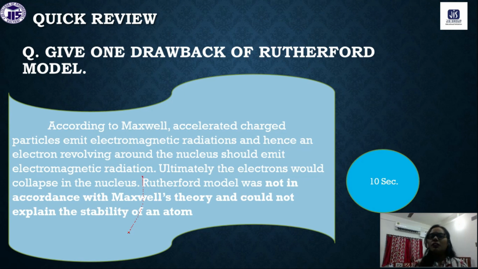These are all the drawbacks of the Rutherford model, and they can be sorted out with Bohr's model.